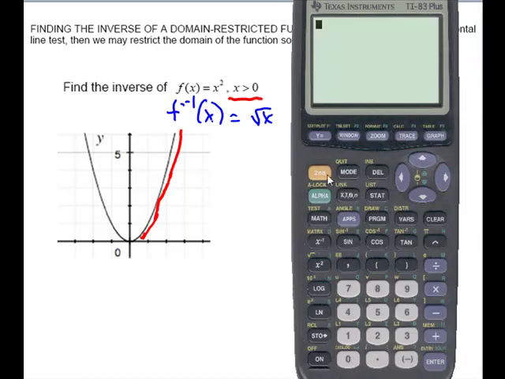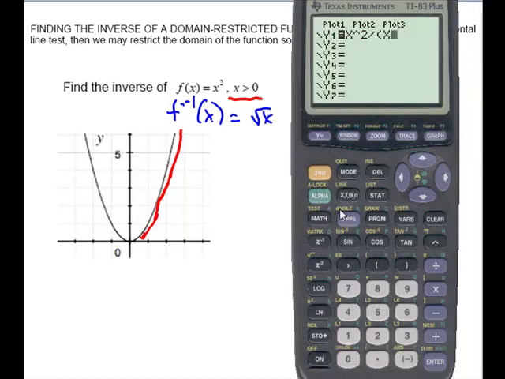So we'll go under y equals, and you might remember from piecewise functions how to restrict the domain with a divide and then this piece in parentheses. So f of x equals x squared, x to the second. I'm going to restrict the domain, so I use divide, and then in parentheses I put the condition.